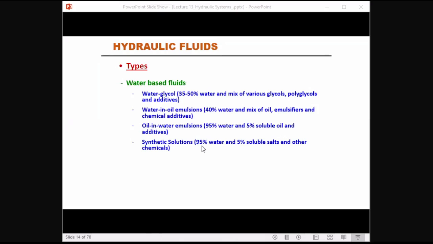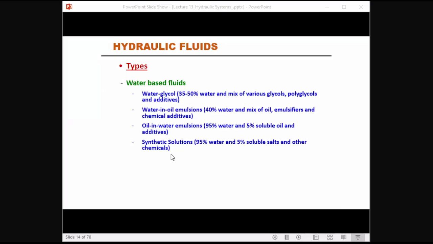Synthetic solutions consist of 95% water and 5% soluble salts and other chemicals. Okay, here you can identify water-based fluids.